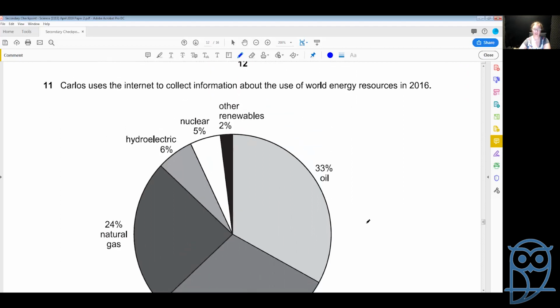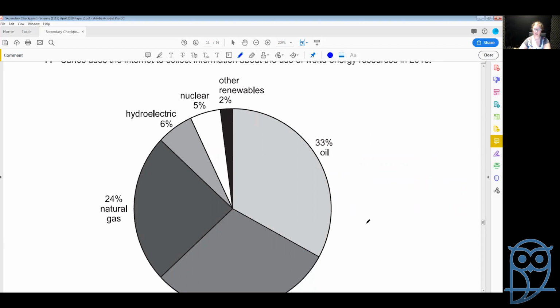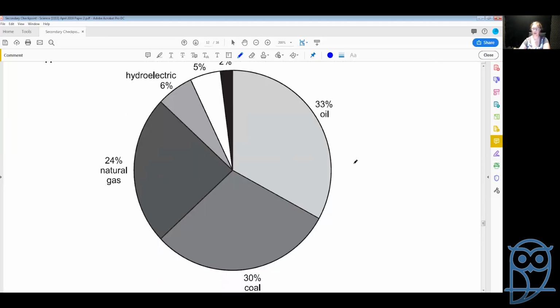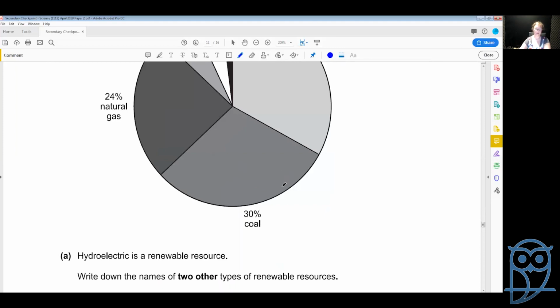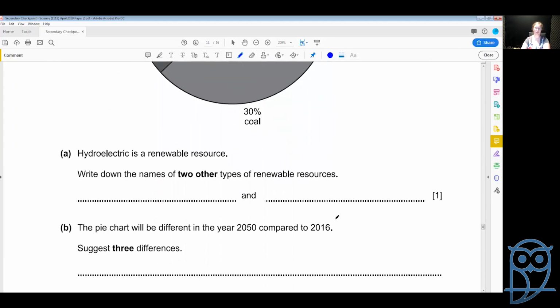So question 11 says, Carlos uses the internet to collect information about the use of world energy resources in 2016. So here we have a pie chart of the resources. There's other renewables, nuclear, hydroelectric, natural gas, oil, and coal down here. So hydroelectric is a renewable resource.